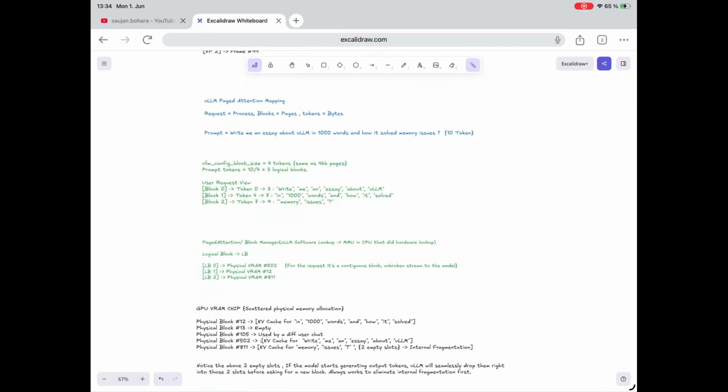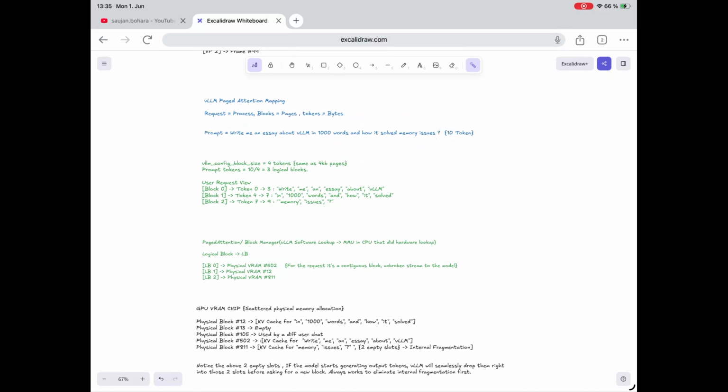Now let's see how vLLM does this and how this problem is solved. A request is a process, that's your user prompt. Blocks are like pages, and tokens are like bytes. Imagine this prompt that says, write me an essay about vLLM in 1000 words and how it solved memory issues.